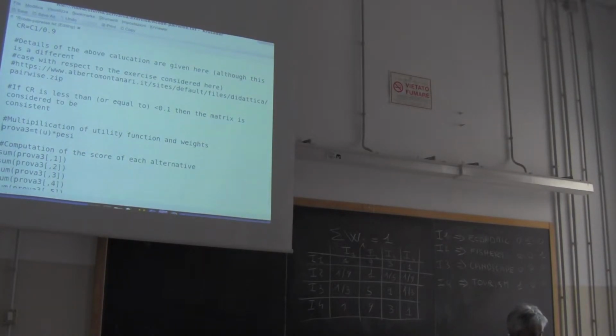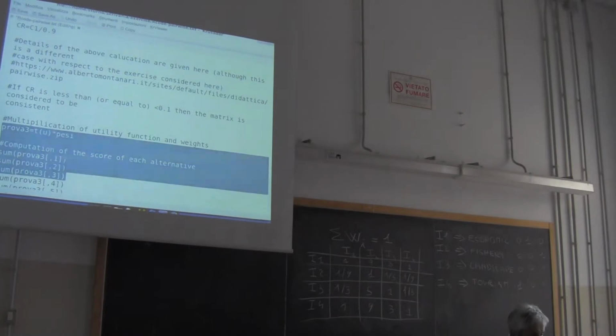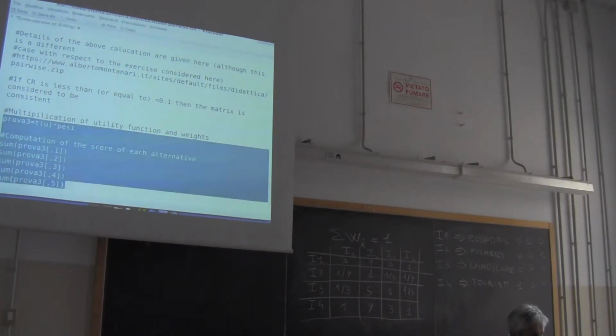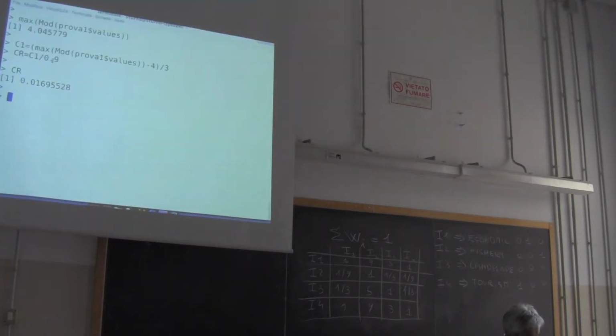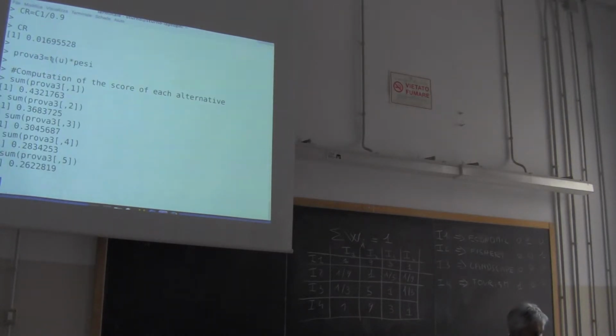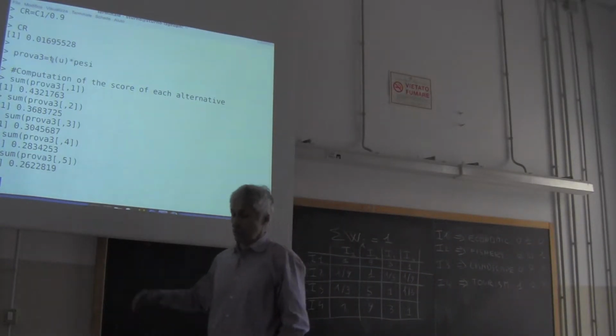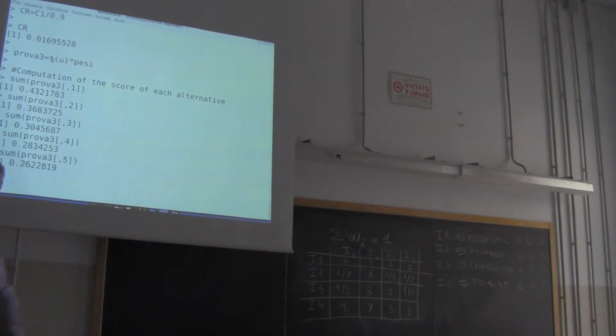And I just have to do this. First of all, multiply the matrix for the weights, and then sum each row. Good. And these are the utilities. So, as I said, I multiplied the matrix for the weights and I summed each row.